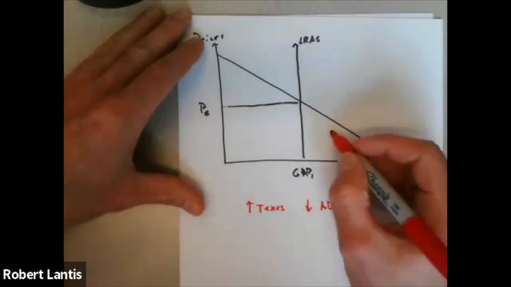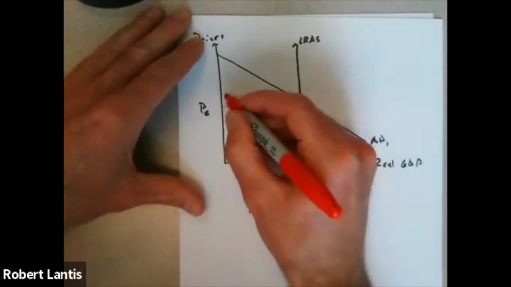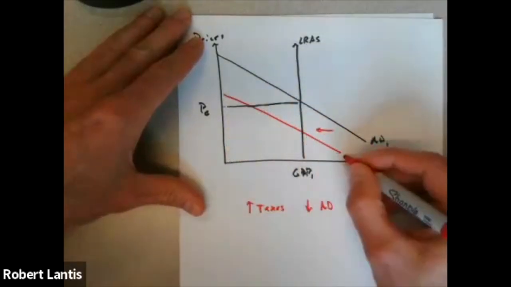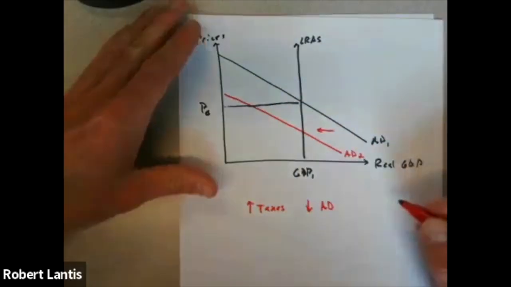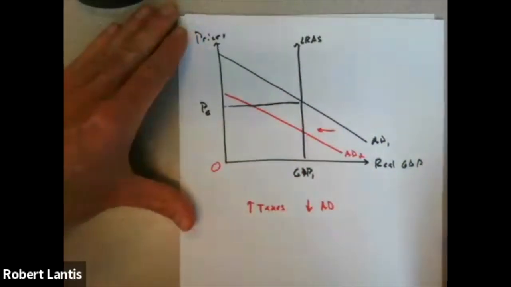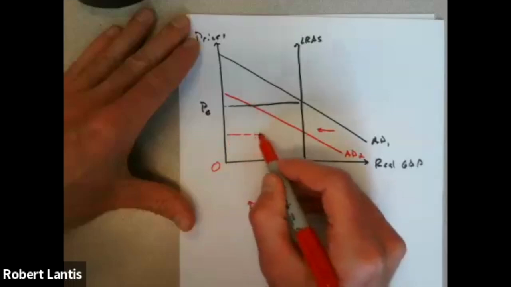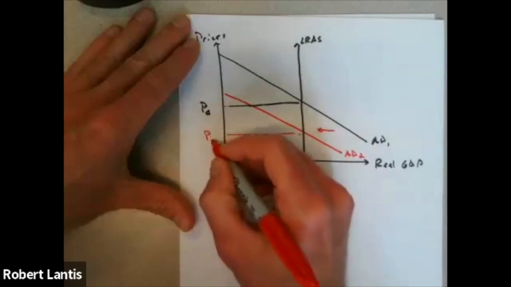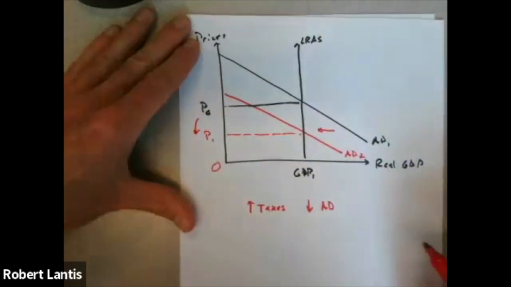Okay. So if we see a decrease in aggregate demand, this is going to be a downward shift, or down to the left, right? It's decreasing, pushing it closer to that point of zero. Okay. So what will the new long run point be? Well, our prices are going to be lower.